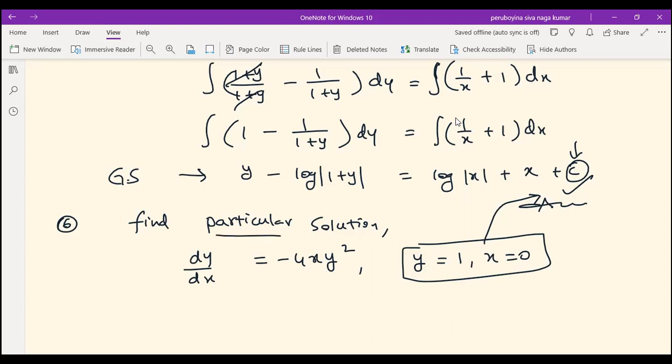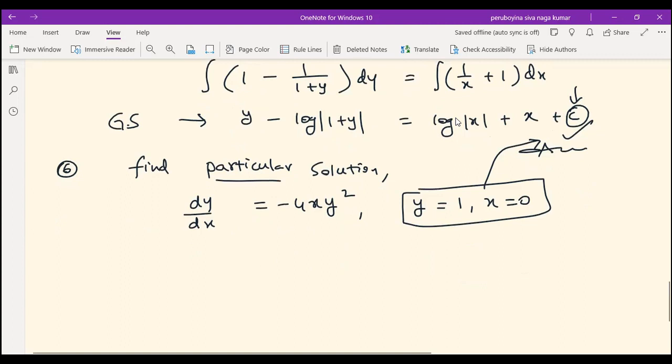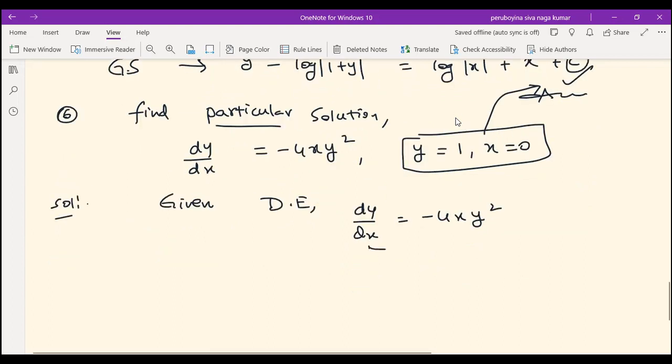Okay. So the procedure will be same as we have been doing for the previous questions. The first step is just write down the given equation, given DE. DE means differential equation. So dy by dx is equal to minus 4xy square. Now move this dx to the right side. So dy is equal to minus 4xy square into dx.